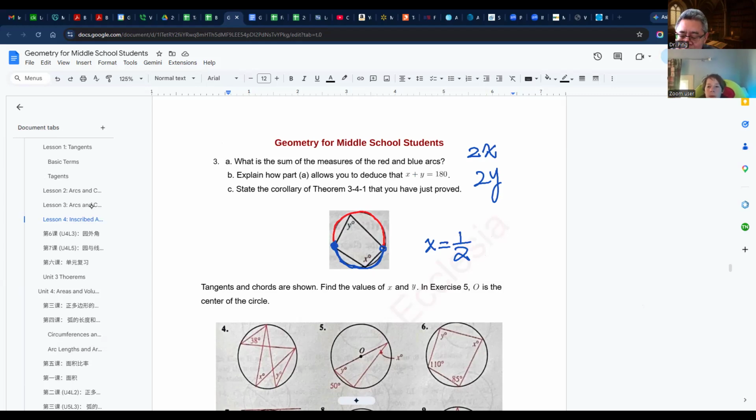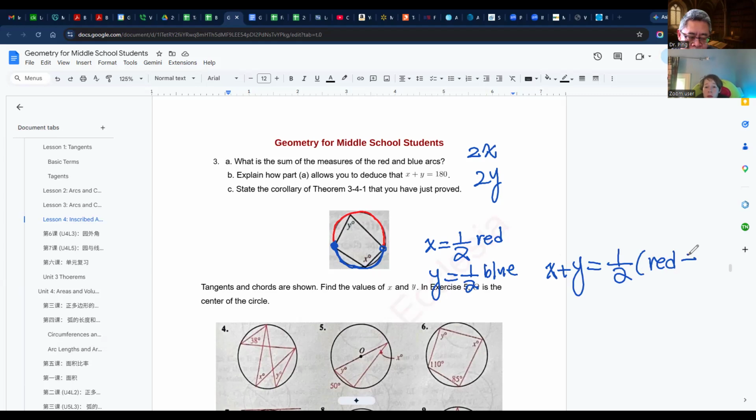Y is half of the blue. When you add them together, X plus Y is half red and half blue. What is the sum of red and blue? These two arcs, 360. Yep. And so half of that is 180. So that's how we prove that.